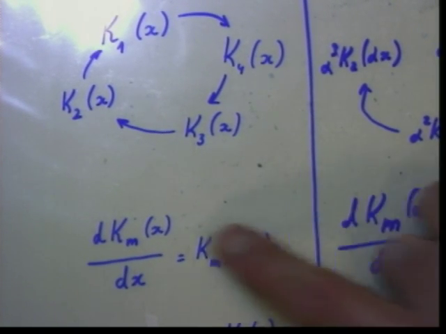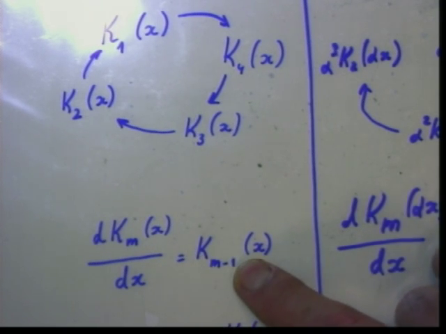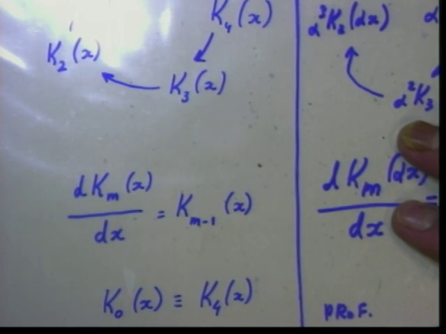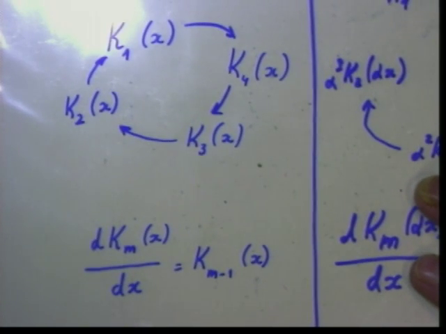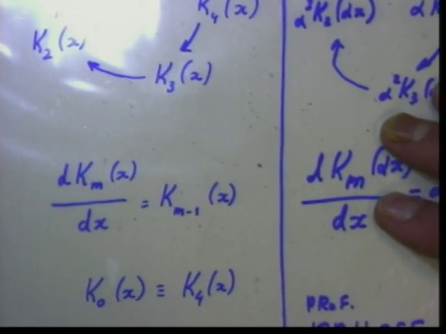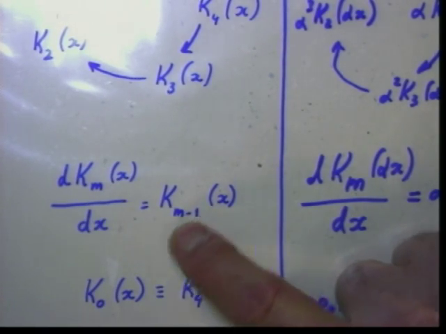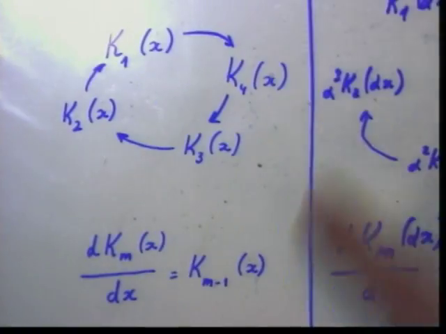Now, the m-th function's derivative equals the (m minus 1)-th function, the previous one. K2's derivative is k1, etc. So k1's derivative is k0, m minus 1, but this k0 is identified with k4. That is why I'm writing them together, like this.